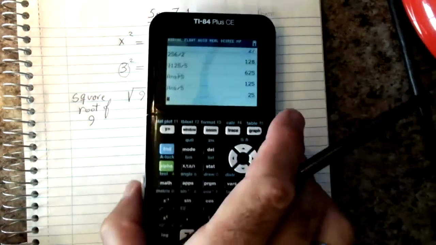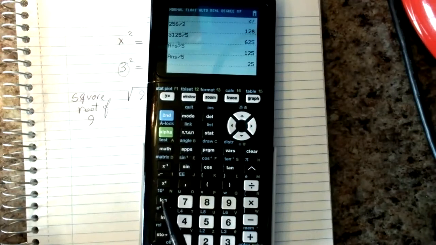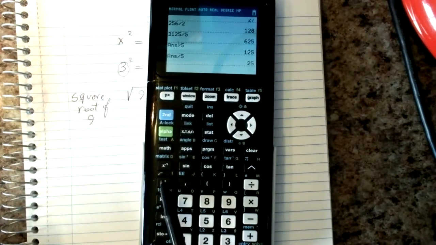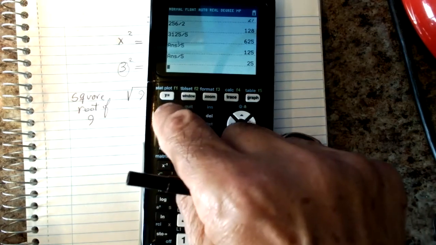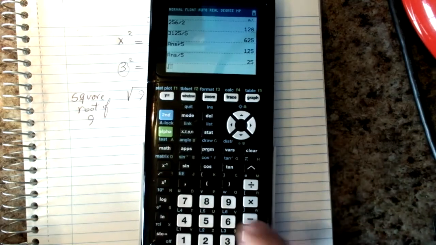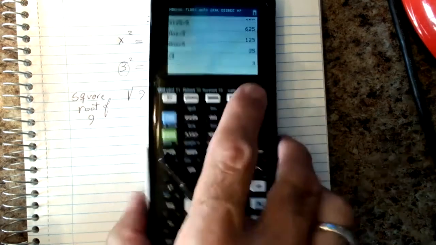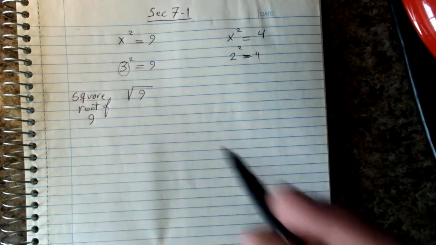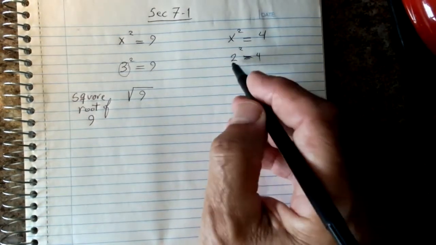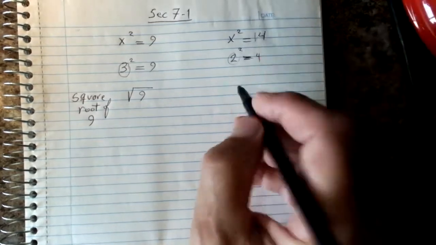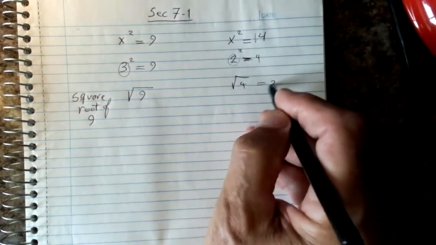This type of calculator is kind of fancy, and you don't really need it for this class, but you see this radical here? That's what it is. So if I want to find radical 9, I'll put 9 here. It gives me that 3, okay? Or if I want to find this 2, you just take the square root of 4.